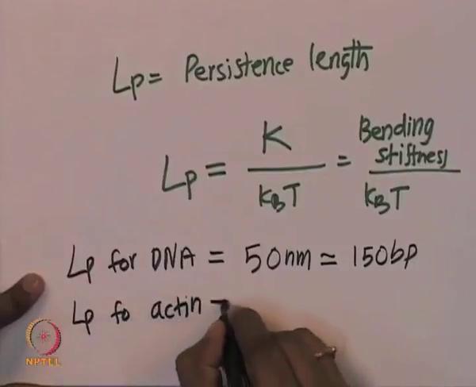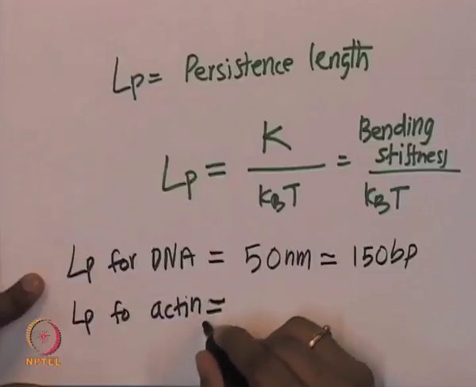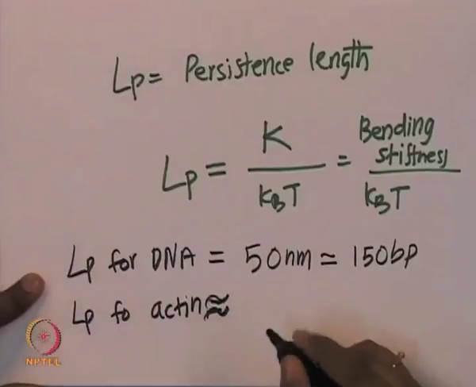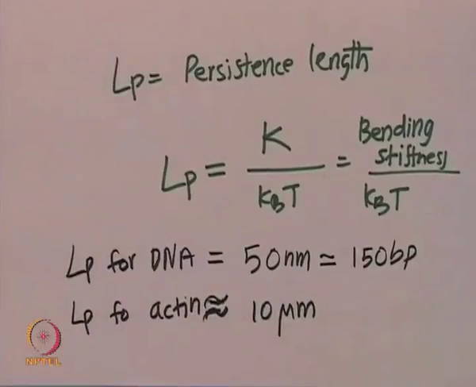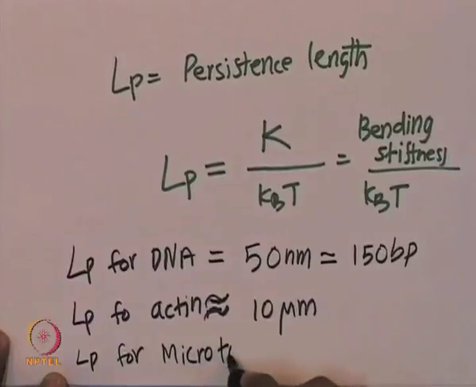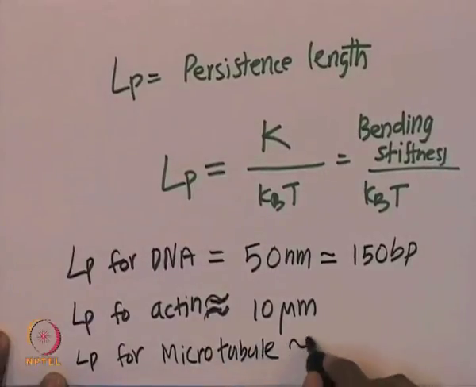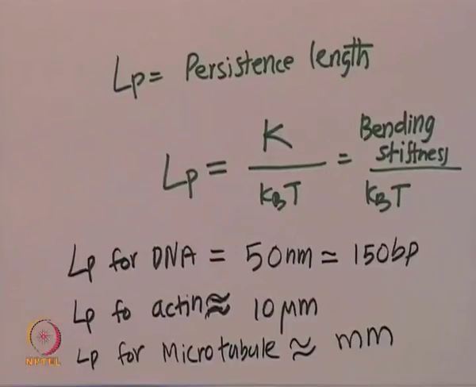For actin, the persistence length turns out to be of the order of micrometer, approximately 10 micrometer. So, up to about 10 micrometer actin will be pretty stiff, and for microtubule this is of the order of millimeter, like 1000 micron.